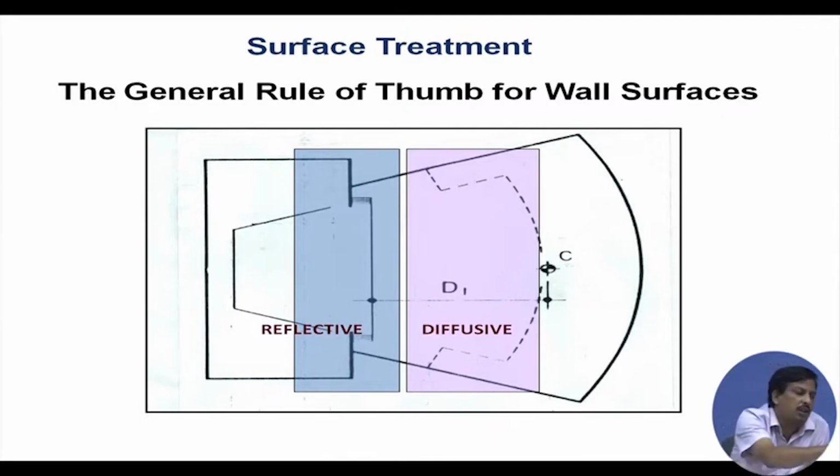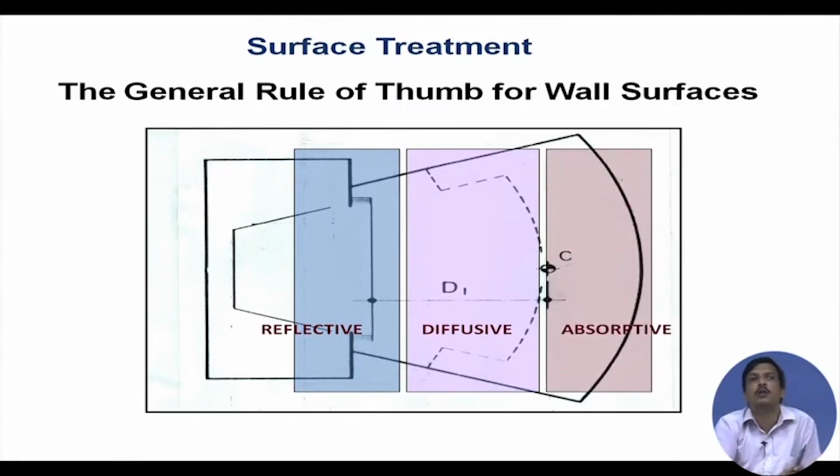So, after the front part of the stage, up to maybe a few feet, there will be a reflective surface. Then the next portion is a diffusive surface, and the last portion should be absorptive. Why?